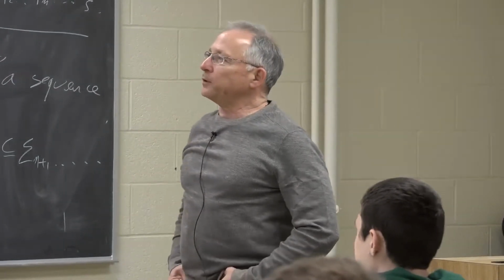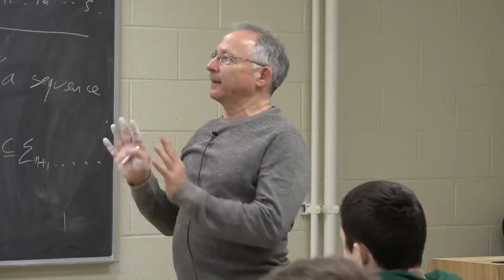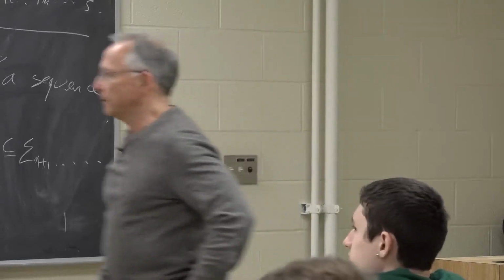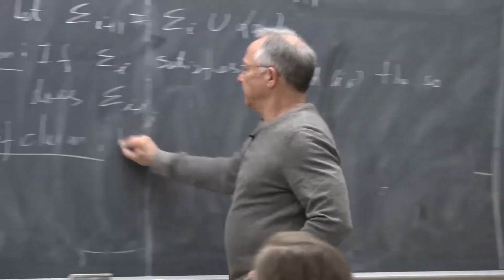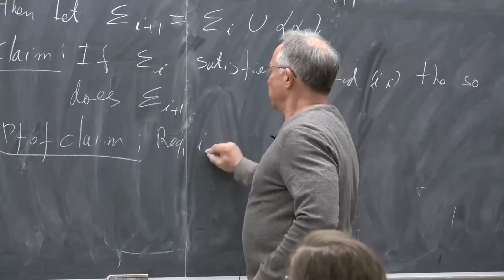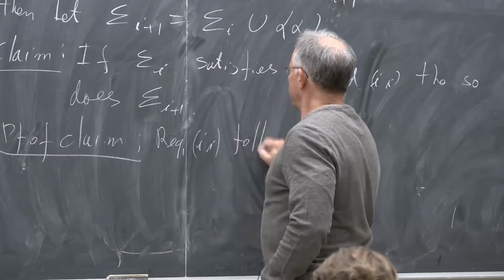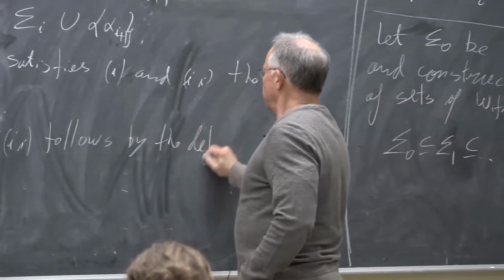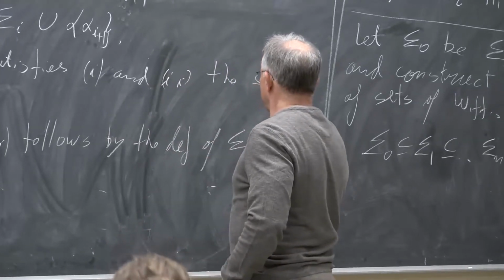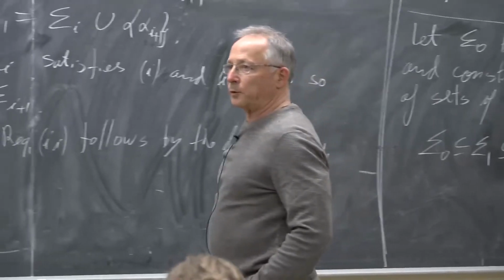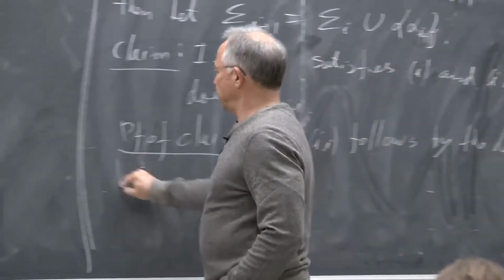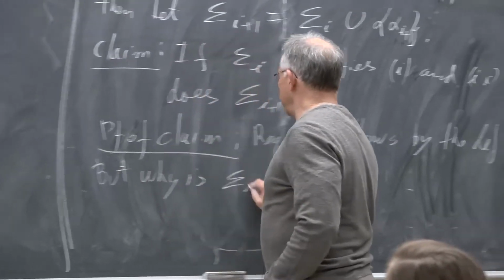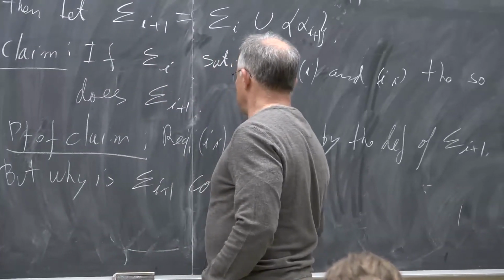So let me ask it again. Which of the two requirements follows easily? 2, right. So requirement 2 follows by the definition of sigma I plus 1. But what about 1? Why is sigma I plus 1 consistent?